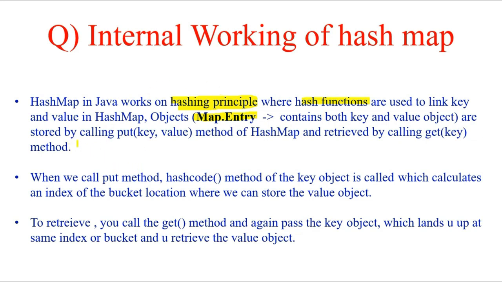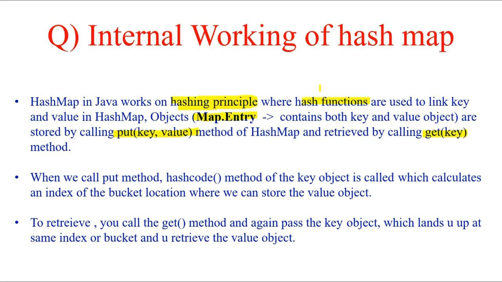You can use two operations: put, to put the Map.Entry object into the HashMap, and get, where you pass the key and you get the value out of it. So this was the basic, very abstract way of understanding how a HashMap works. It works on the hashing principle using the hash function.